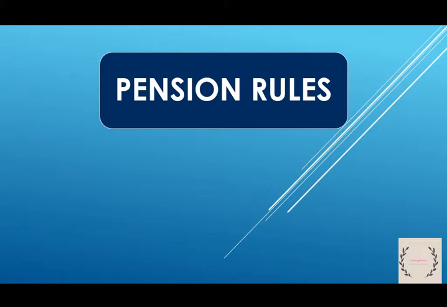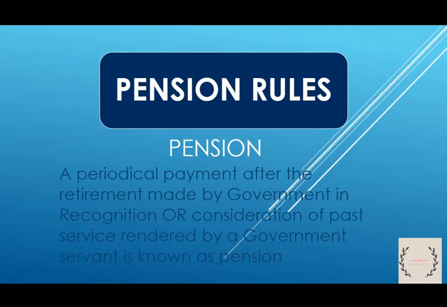When a government employee reaches either the age of superannuation, i.e. 60 years, or the age of qualifying service, almost 25 years or more but not less than 25 years, the government, in recognition and appreciation of his unblemished and meritorious service so rendered, orders a lump sum amount of gratuity along with a periodical payment of pension for life. Therefore it is called pension and gratuity.